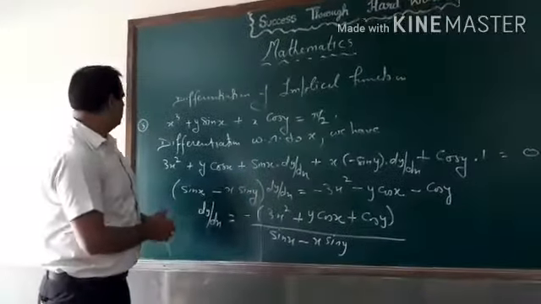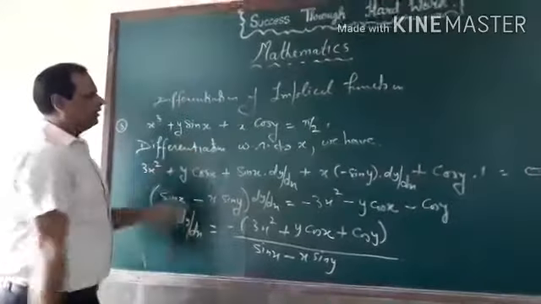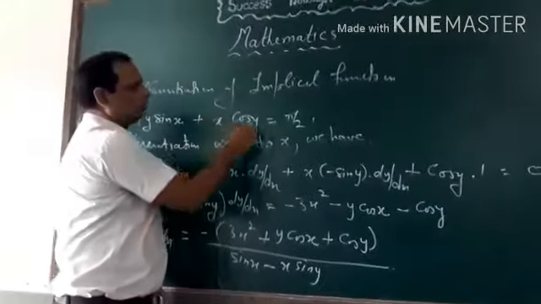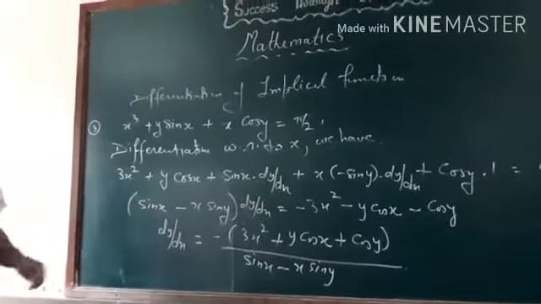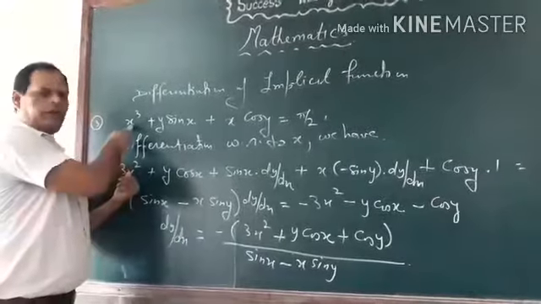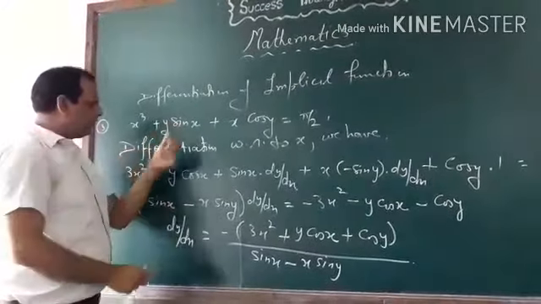Now see the differentiation of the third example: x cube plus y sin x plus x cos y equal to pi by 2. Differentiation with respect to x we have 3x square, the differentiation of x cube. Differentiation of y sin x: again two variables we see here.